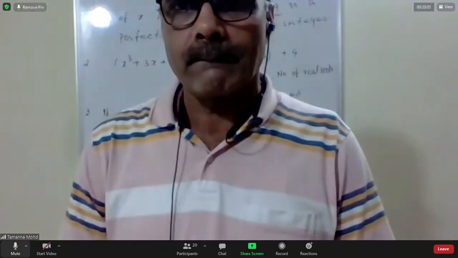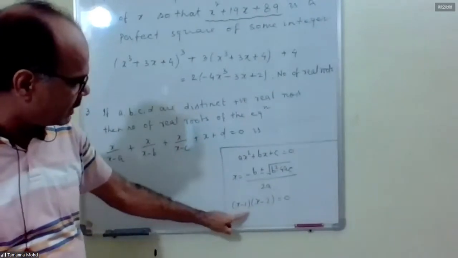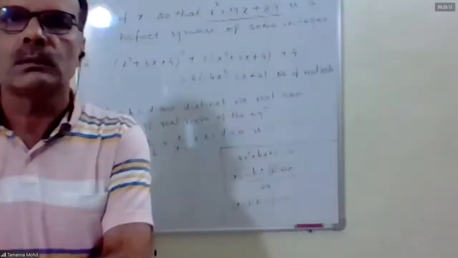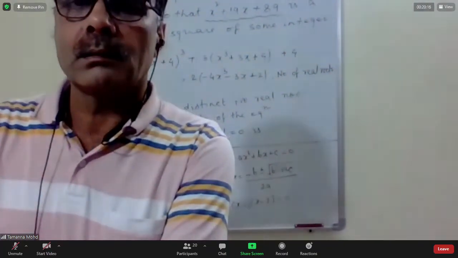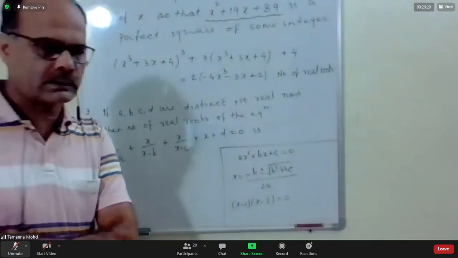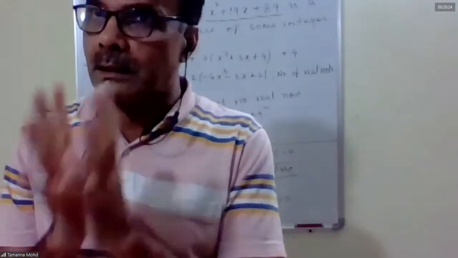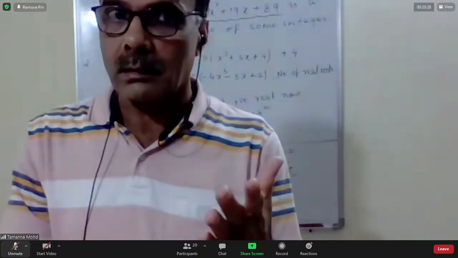But I have constructed an equation whose roots are 1 and i: (x minus 1)(x minus i) equal to 0. Here roots are not complex conjugates, because the coefficients are not all real numbers. So complex roots exist in conjugate pairs, the condition is that coefficients should be real.